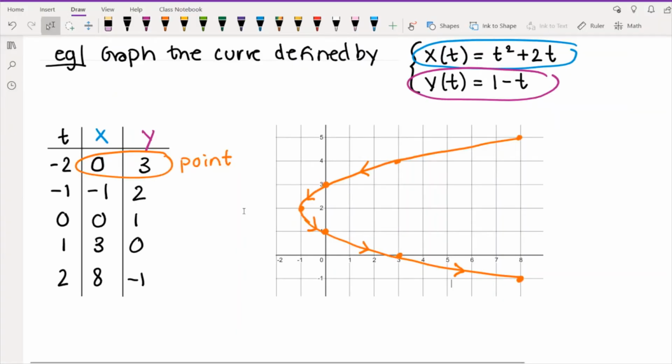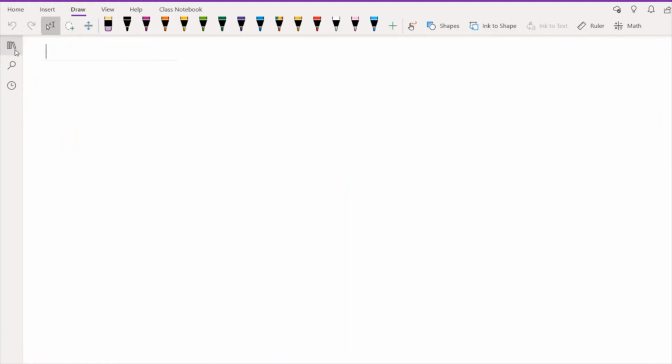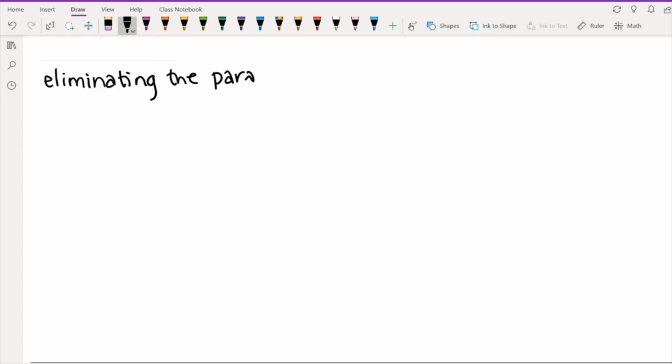So this is one way to get a handle on what the graph of a set of parametric equations looks like. But sometimes you also will want to be able to rewrite it as either y is a function of x or x is a function of y. And the way that you can do that is something called eliminating the parameter.